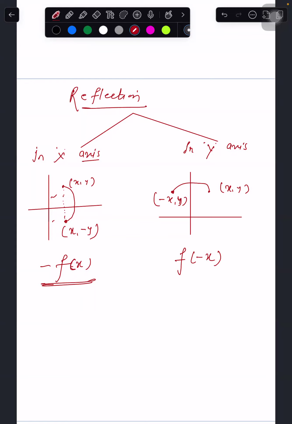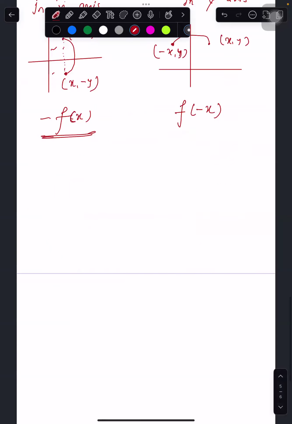Now the type of sums which they can ask is the combination of all these transformations, and we may need to identify all the transformations. So let's see what happens. Let's take an example where they're asking us to do all the transformations, and we'll take a second example where you have to identify all the transformations. Let's say question number 1.